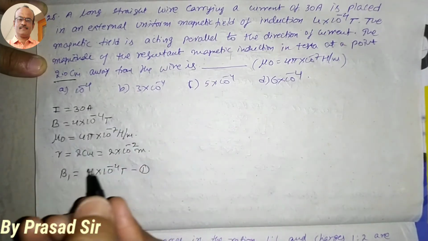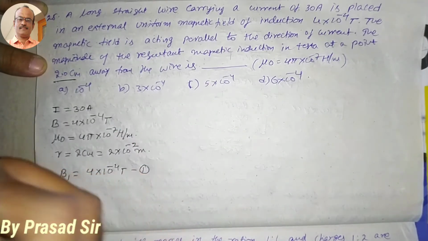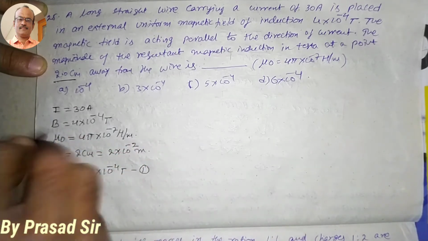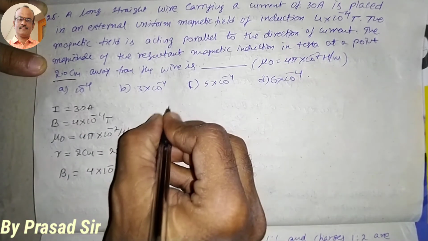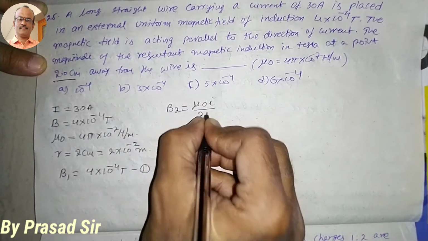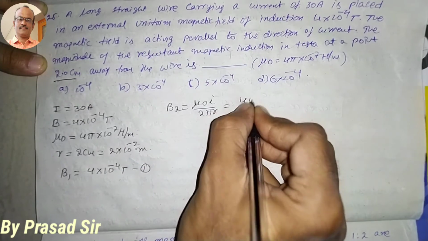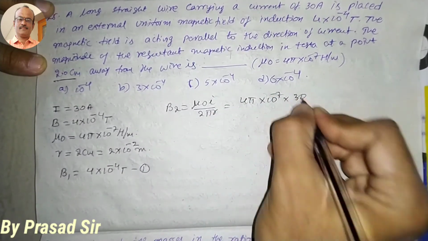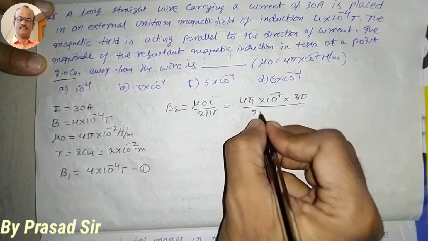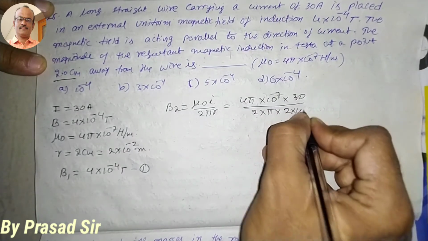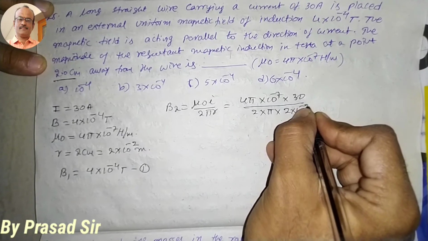But when the magnitude of resultant magnetic field in Tesla at a point 2.0 centimeters away from the wire, that I will take as B2 is equal to mu naught I divided by 2 pi r. That is 4 pi into 10 to the power of minus 7 into current is 30 amperes divided by 2 into pi into 2 into 10 to the power of minus 2.